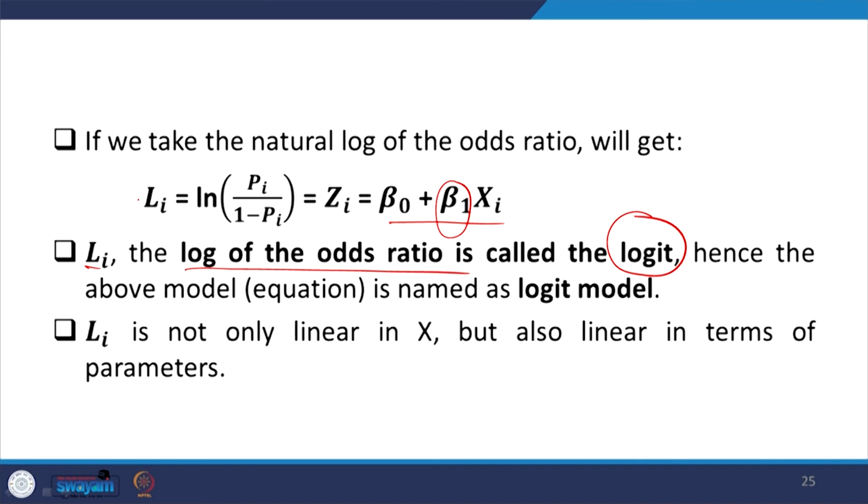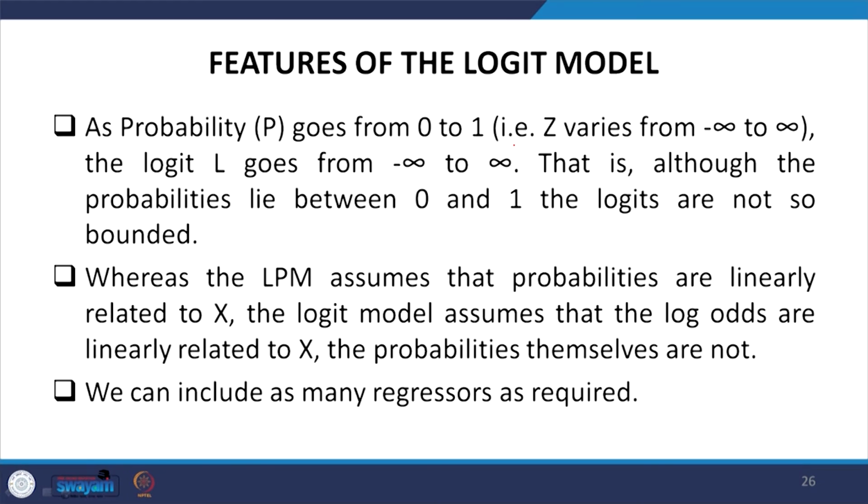Okay. This is called Logit, and that can be estimated. Hence, the above model is named as the Logit model. L I is not only linear in x, but also linear in terms of parameters. Okay. So, the rest of the details of the features of the Logit model, its application with Stata, and why it gives way forward for the Probit model, we will continue from the next class.